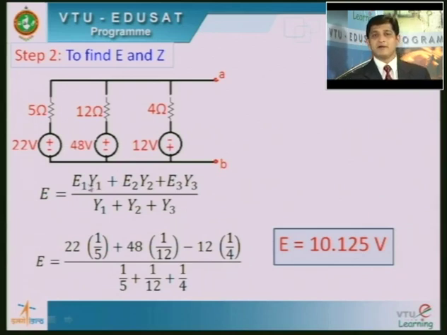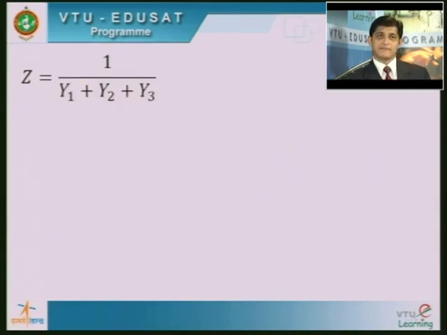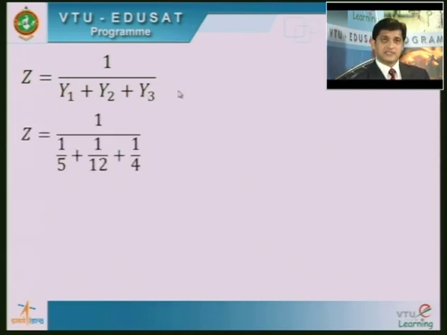Now we need to obtain Z also. Let's see the equation for Z. Z is equal to 1 by Y1 plus Y2 plus Y3, and substitute the admittances there. We are given the impedances, but we are substituting the admittances.